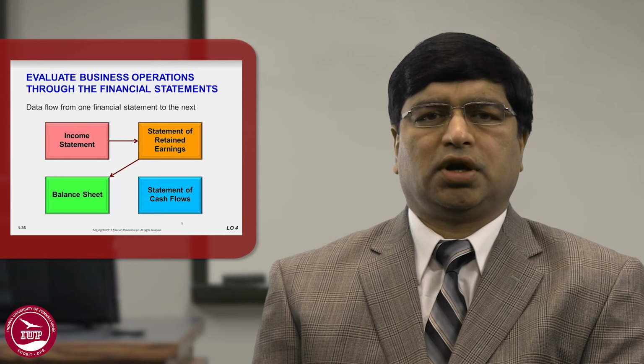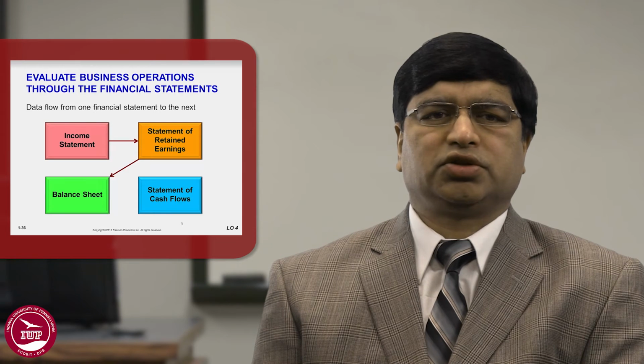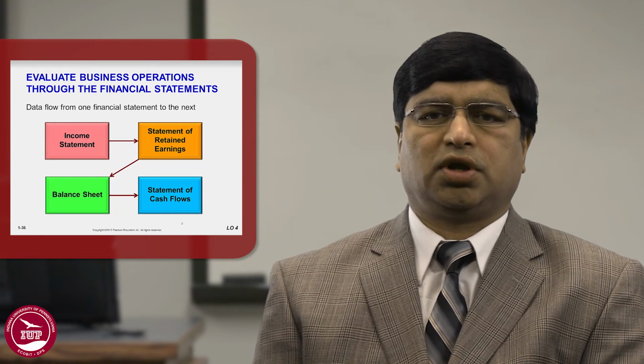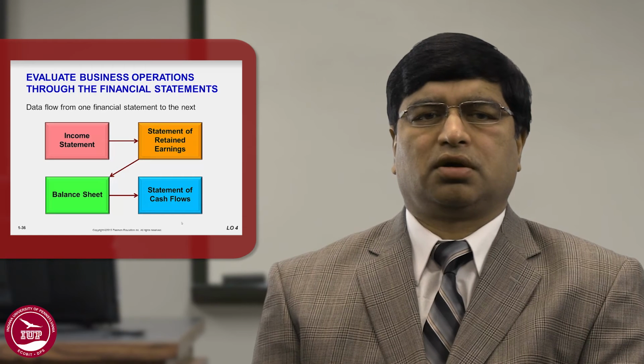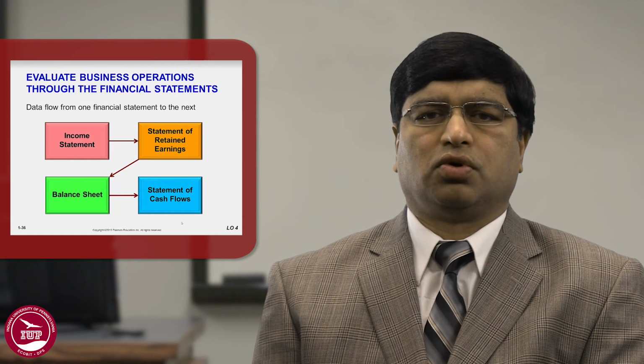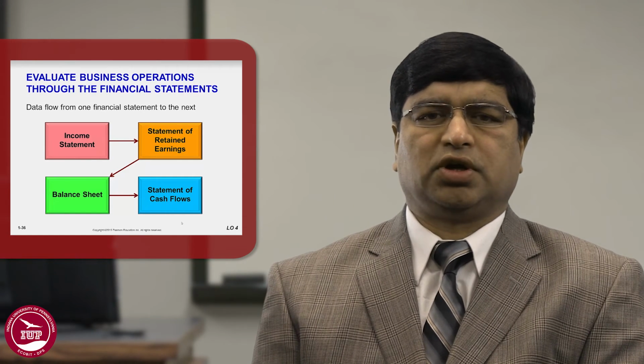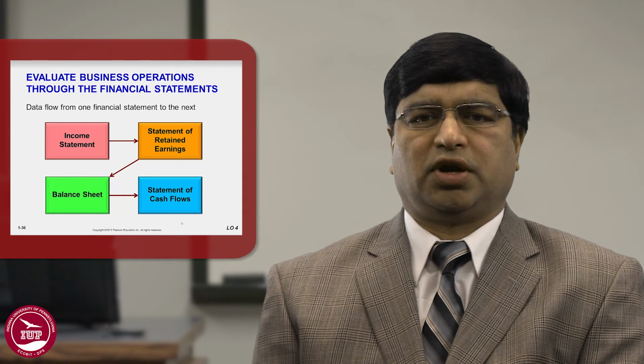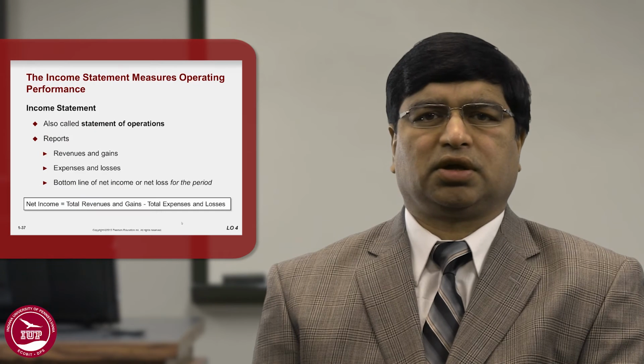From the statement of retained earnings, the balance goes to the balance sheet as part of the stockholders' equity, and from there the numbers would go to the statement of cash flow in terms of cash during the period and various activities that are impacting the cash.